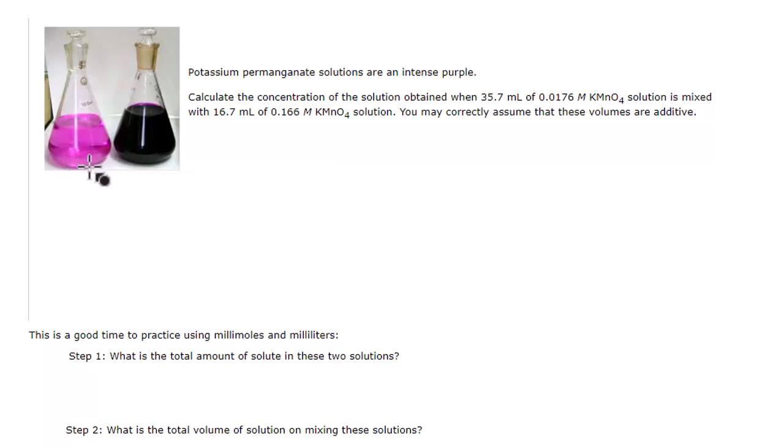Very difficult to get it to this low of a concentration. And here's the more concentrated solution, darker in color. In fact, we could determine its concentration just by how dark it is. In this case, it's 0.166 molar, about 10 times more concentrated, and certainly 10 times darker in color.